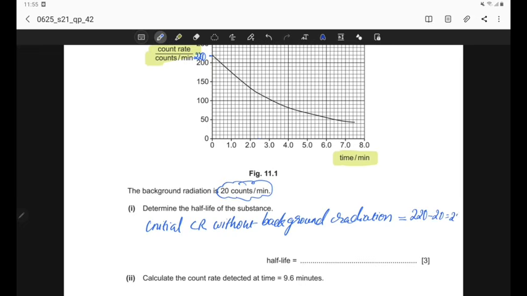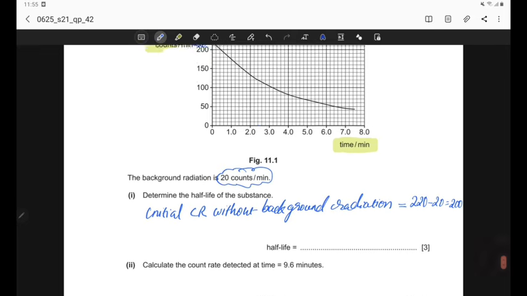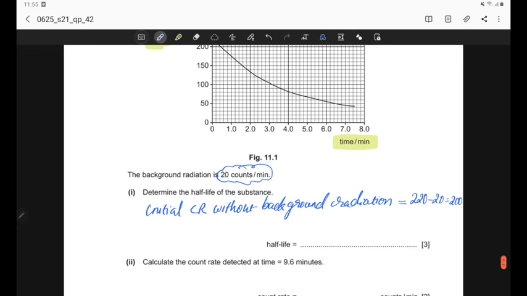So 200 is the original count rate from the radioactive substance at the beginning. Now we can check what the count rate of the substance will be after one half-life. The count rate of the radioactive substance after one half-life will be half of its initial count, that is half of 200, 100.